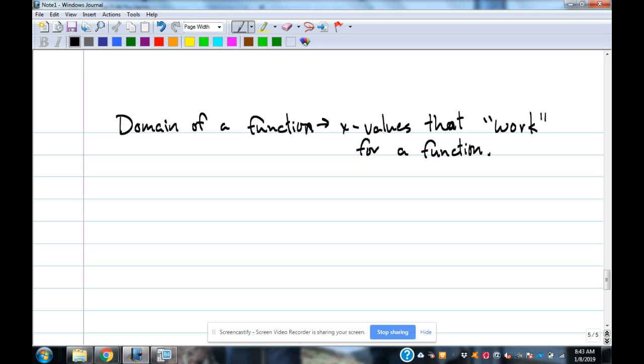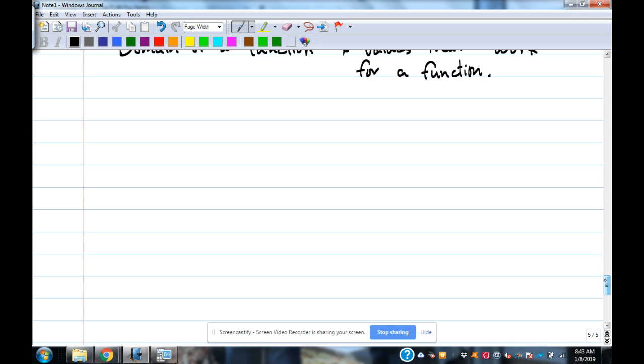Okay, so there are things that we start with. The domain for every function starts with all real numbers.